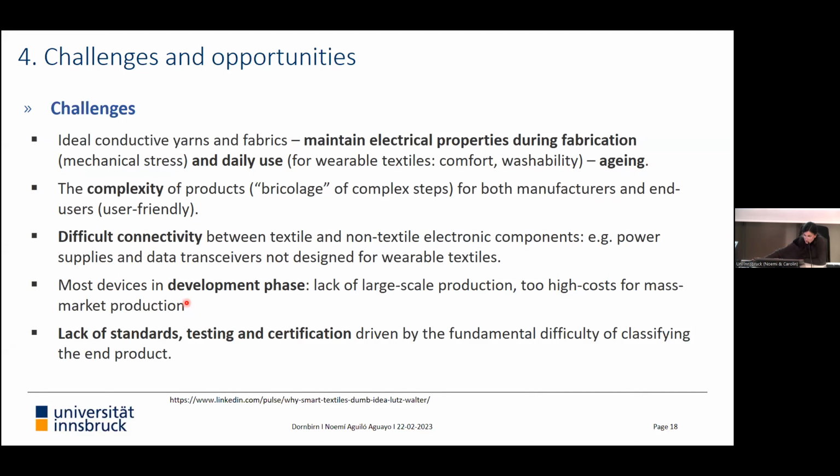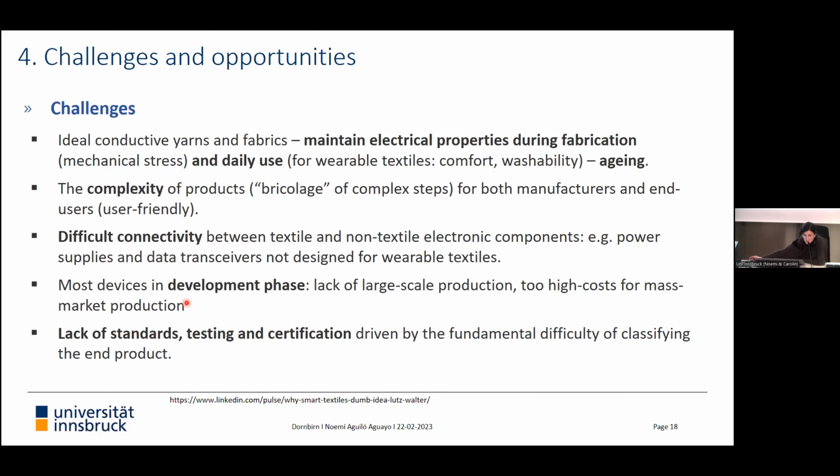So there will be some environmental conditions. For example, if we wish that the conductive fabrics can be washed, then they need to sustain their electrical properties after all these processes. The complexity of the products is also another challenge.